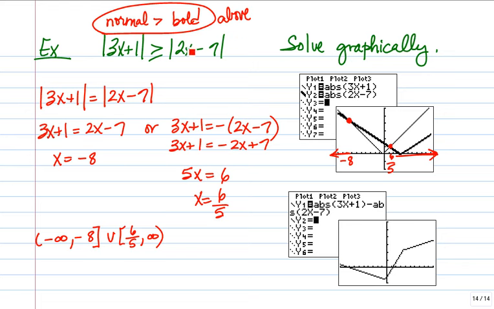If you set one side to 0 by subtracting the absolute value of 2x minus 7, which is what I have here, we're trying to find where the absolute value of 3x plus 1 minus the absolute value of 2x minus 7 is greater than or equal to 0. So that means I'm trying to find the regions where this is above the x-axis. And it is above to the right of that 6/5 and to the left of that negative 8.